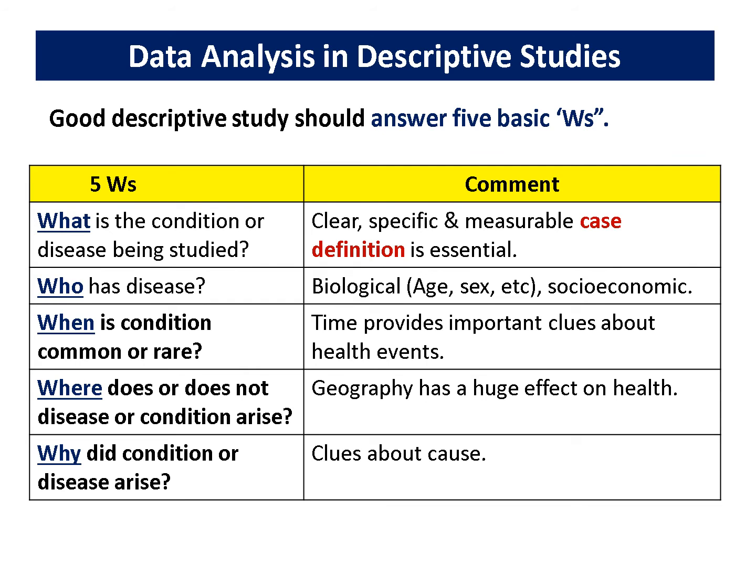What is the condition or disease being studied, who has the disease, when is the condition common or rare, where does or does not the disease or condition arise, and why did the condition or disease arise. So what, who, when, where, and why.